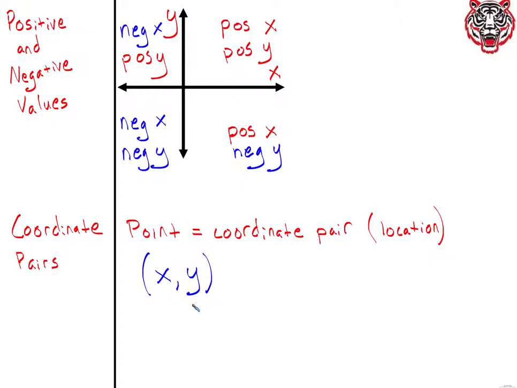X, comma, y. All right, so we're still on coordinate pairs, and in this category, the last thing that I need us to do is to make a graph, give yourself some room, and we're going to do a few examples. So I'm going to go to a new slide in order to make sure that fits on here. But before I go to the new slide, I want to make sure that we have this down.